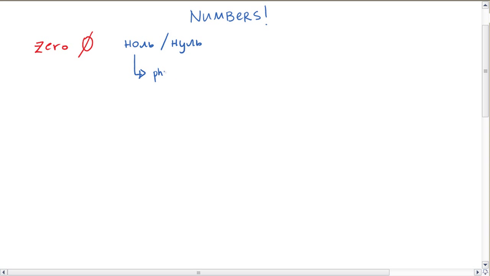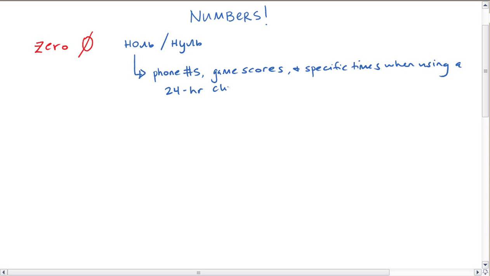for phone numbers, which you might remember, game scores, and specific times when using a 24-hour clock or military time.